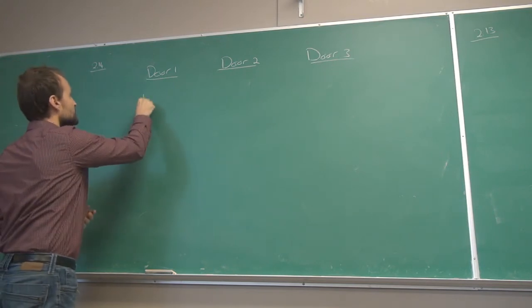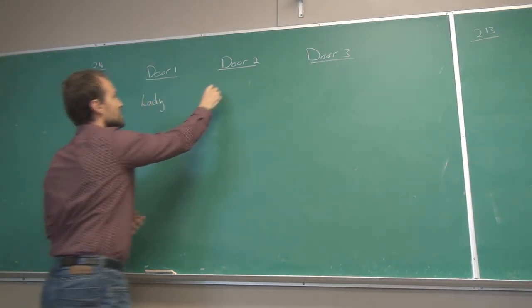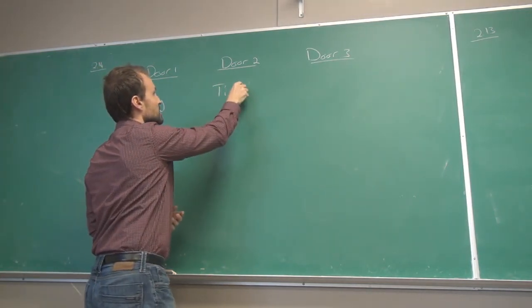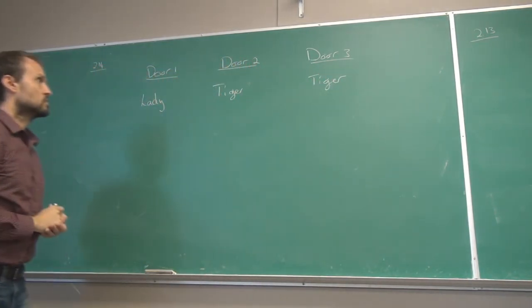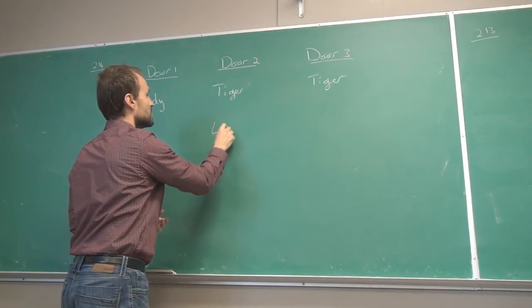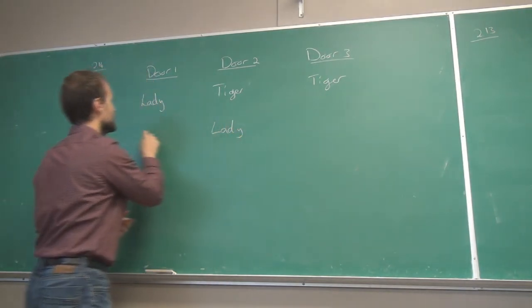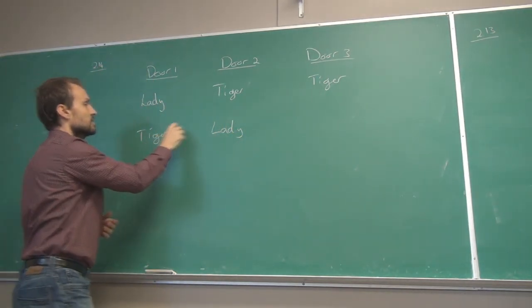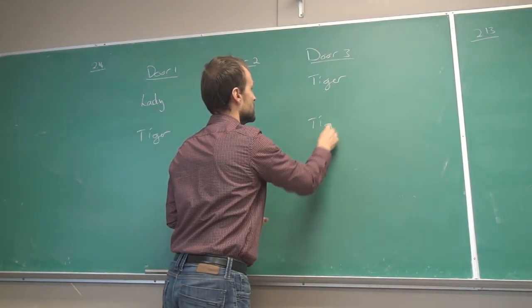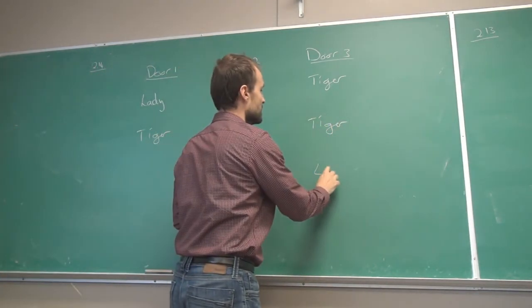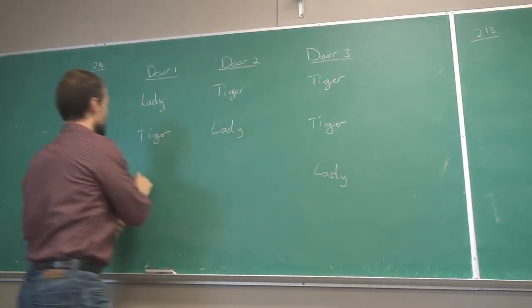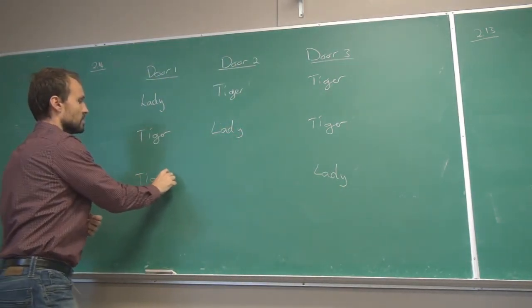So it could be lady, tiger, tiger. Or the lady could be in room 2, and then a tiger here, and a tiger here. Or the lady could be in room 3, and a tiger in each of the other ones.